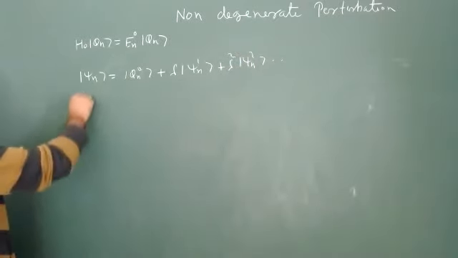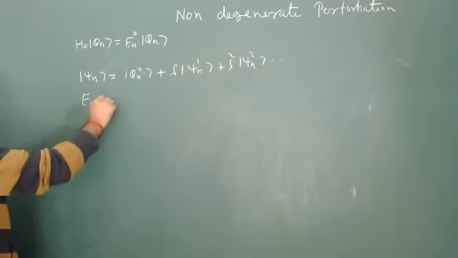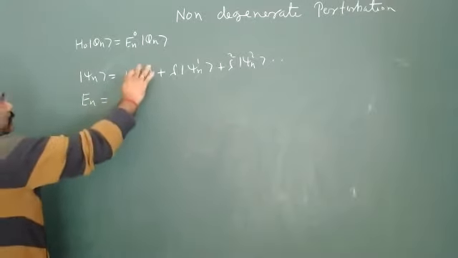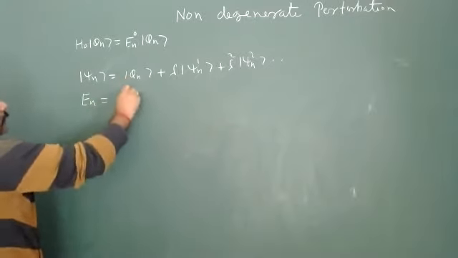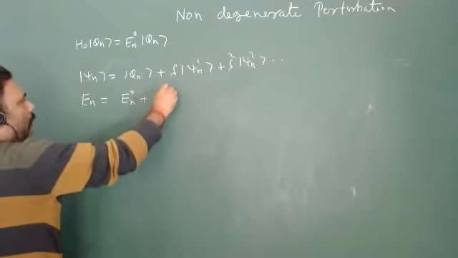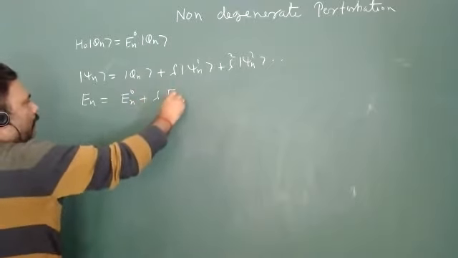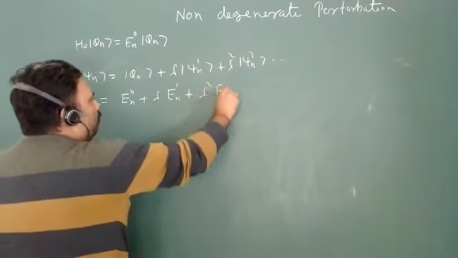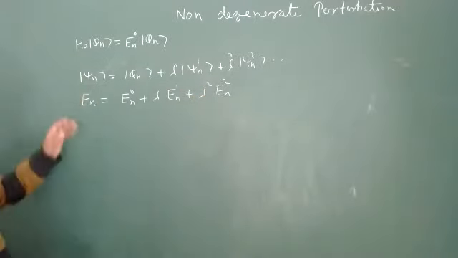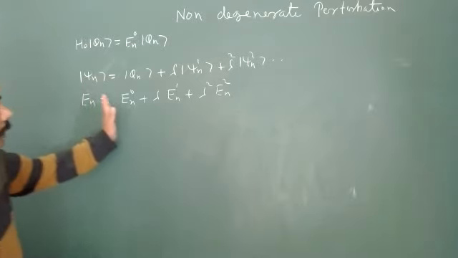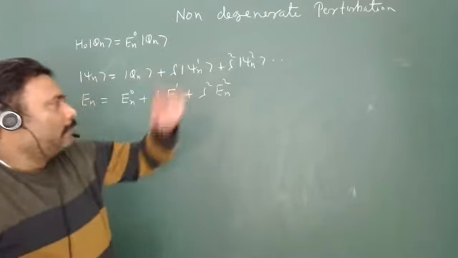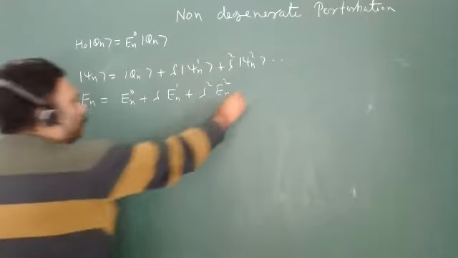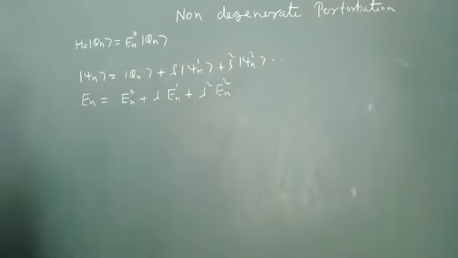Similarly, we have En equal to En0 plus lambda En1 plus lambda square En2. If we are able to solve it completely, then we can go up to the nth power of lambda. But due to some mathematical compulsion, we are not able to solve the equation.